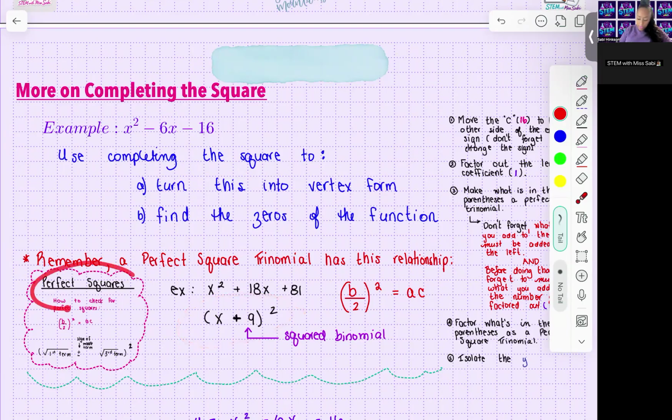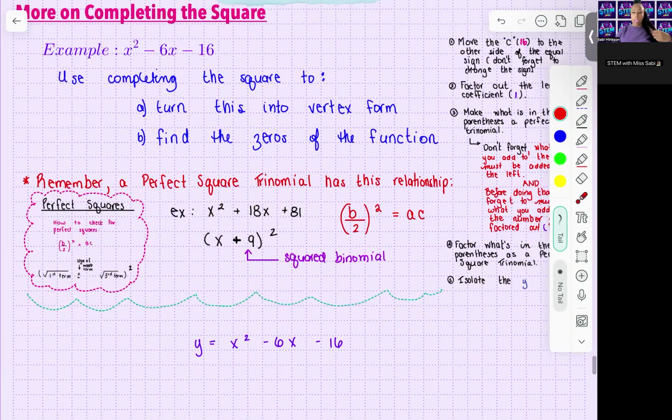All you have to do is square root the first term, which here would be x, use the sign of the middle term, and then square root the third term, which in this case is 9, and there you go, voila. If you identify that, it's a very quick way to factor. You can still do product sum, but it would obviously take longer. These little tricks are just shortcuts to factor. So that was when you have a perfect square trinomial.